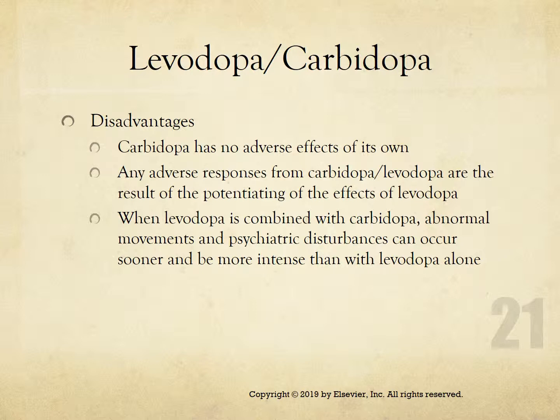Disadvantages: it has no effect of its own. Any adverse responses to this are still due to the levodopa. And when it is combined, you can have more movement and psychiatric problems. And this is the end of part 1 of this Parkinson's presentation.